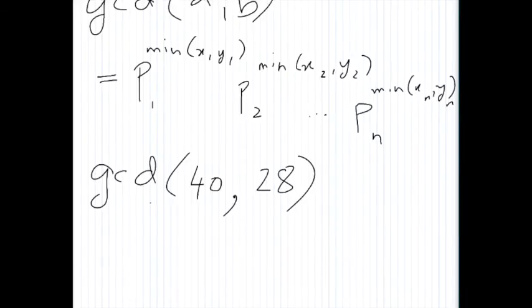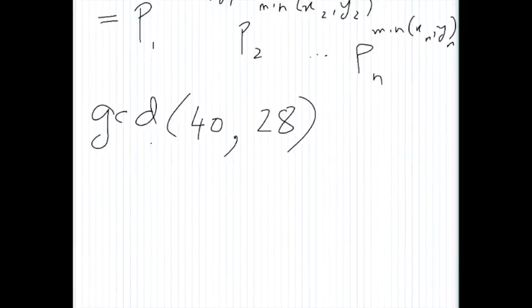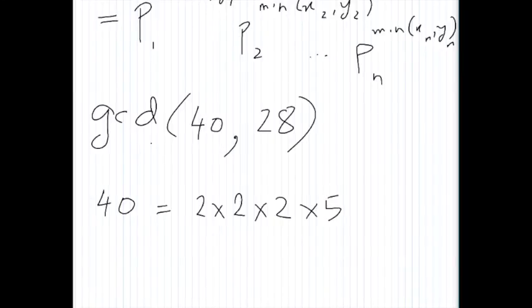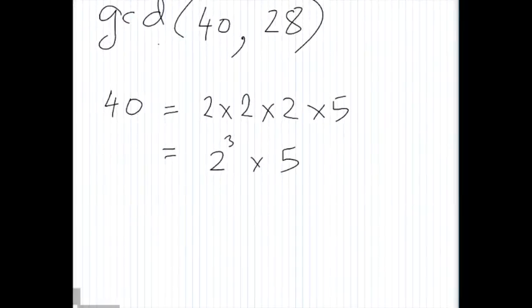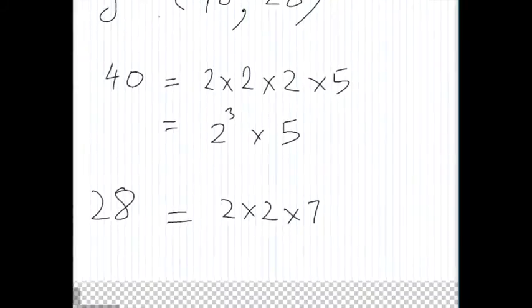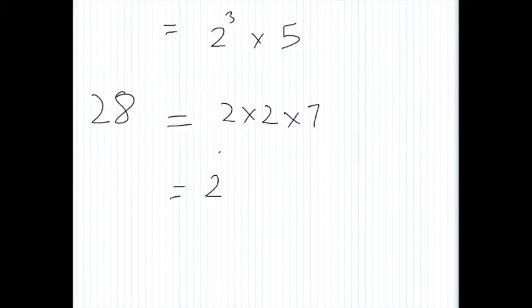The answer is 4, we know that, but let's write 40 as, what is the prime factorization of 40? 2 times 2 times 2 times 5, which is equal to 2 cubed times 5. And what is 28? The prime factorization is 2 times 2 times 7, which is equal to 2 squared times 7.